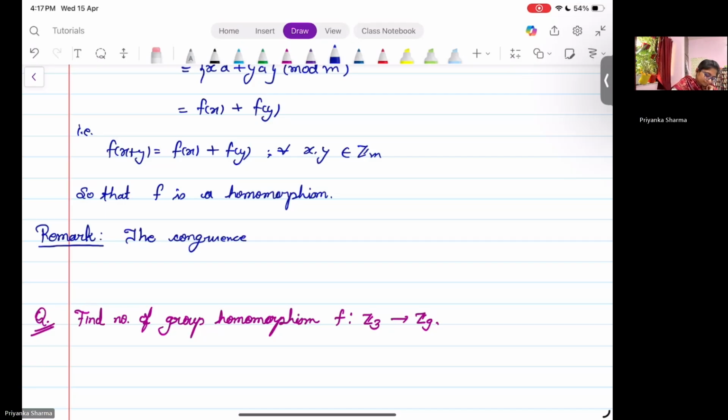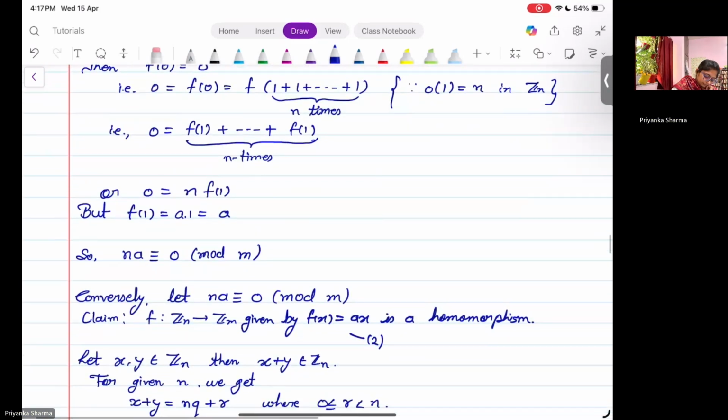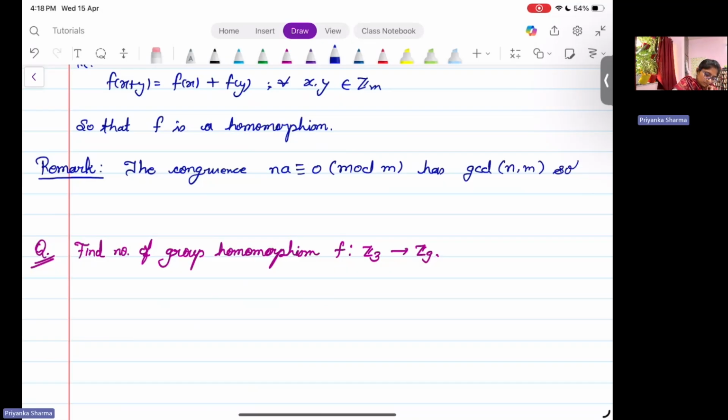The congruence na is congruent to 0 mod m has GCD of n and m solutions.